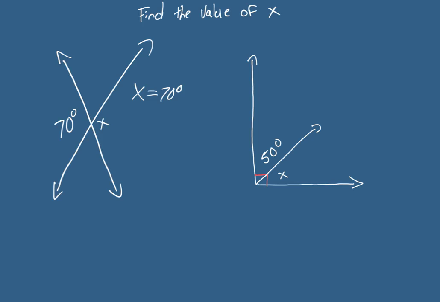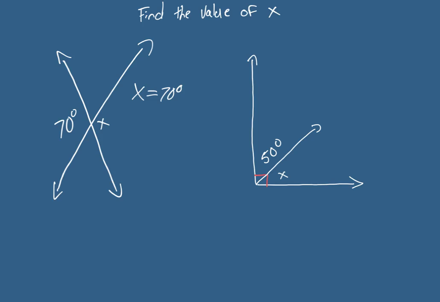Pretty easy stuff. Moving over to the example on the right, we have a right angle as indicated by this red half square, meaning that this whole big angle adds up to 90 degrees. Inside of that 90-degree angle, we have a line coming off of it, and it splits it up into a 50-degree angle and an angle that we don't know.